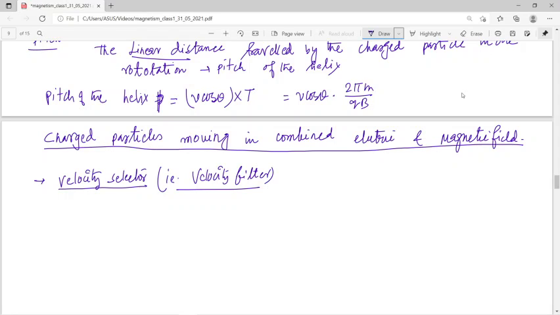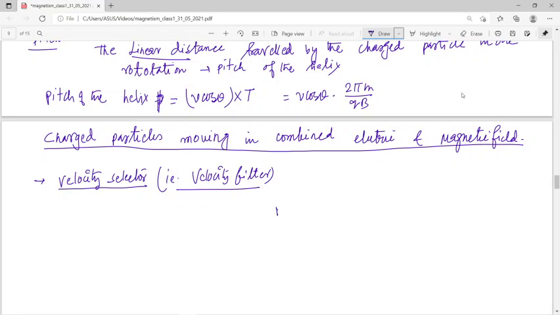This velocity selector is set up to select charged particles of a particular velocity from a beam that is passed through a space having crossed electric and magnetic fields. That means there are mutually perpendicular electric and magnetic fields.